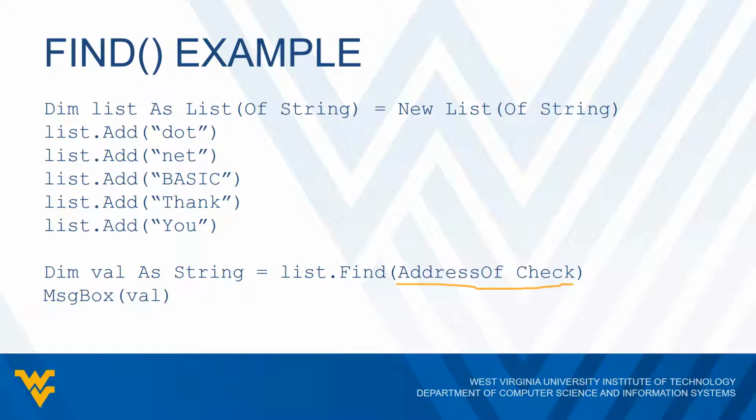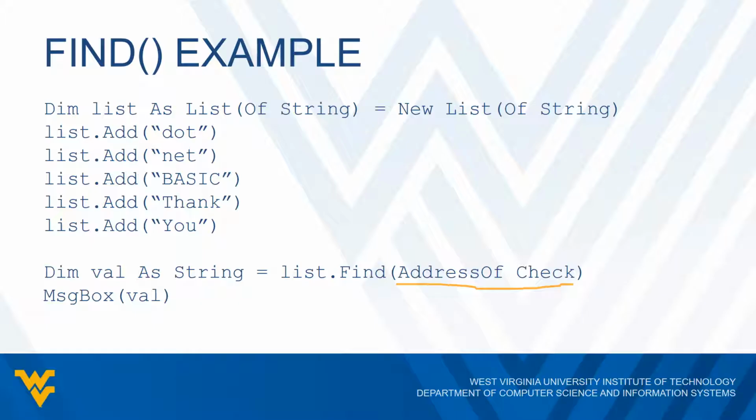This means we're basically calling check for each element in our list. We call the check function for dot, so we pass the string dot to it. Then we pass net, then basic, and so forth. We're just checking, is the length of each string 5? The first occurrence that returns true is going to be the value we store in the val variable.